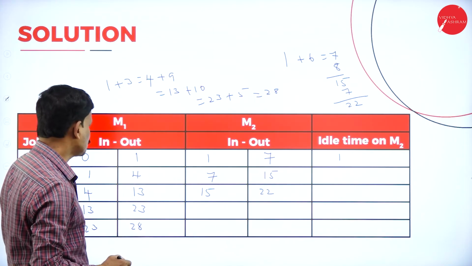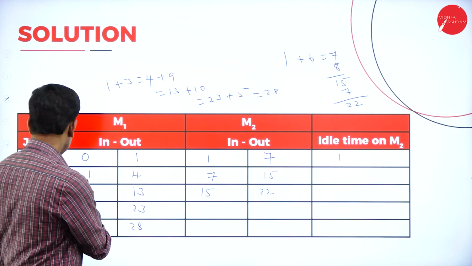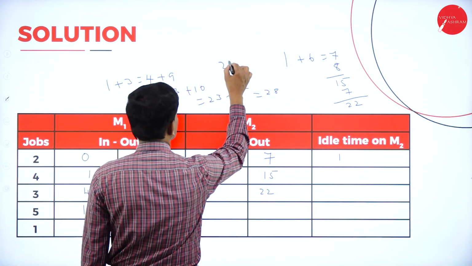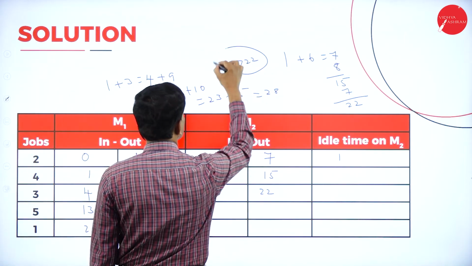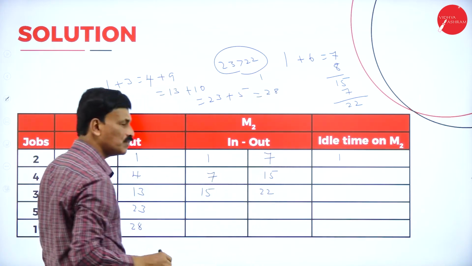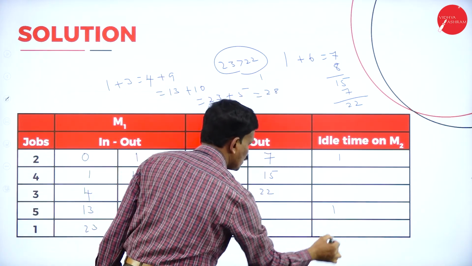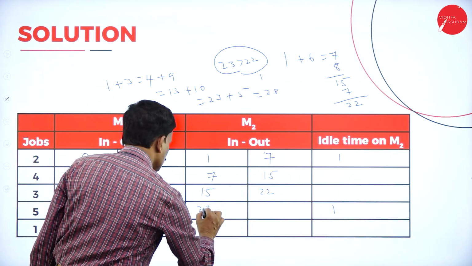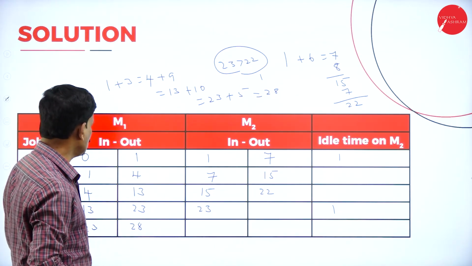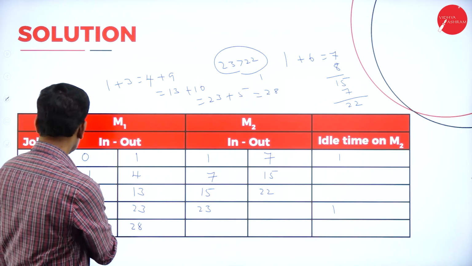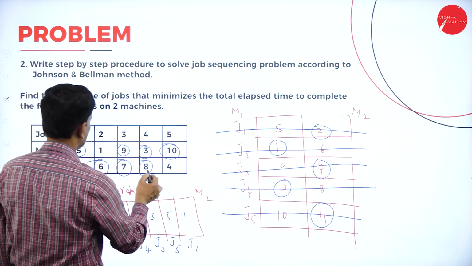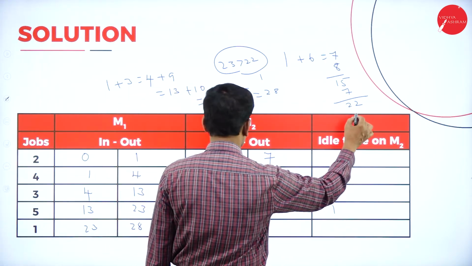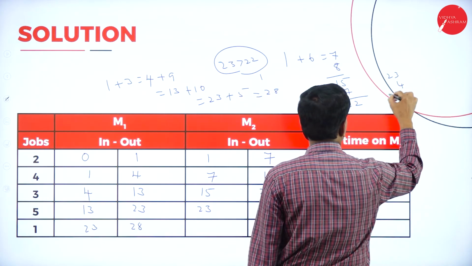Again, for J5, see here, 23 is greater than 22. 23 is greater than 22 means the machine 2 has to wait for 1 hour. He has to wait for 1 hour. So, 22 plus 1 is 23. The in time will be 23 and the out time corresponding to J5, we have 4 hours. Add 4 hours for this, 23 plus 4 is 27.